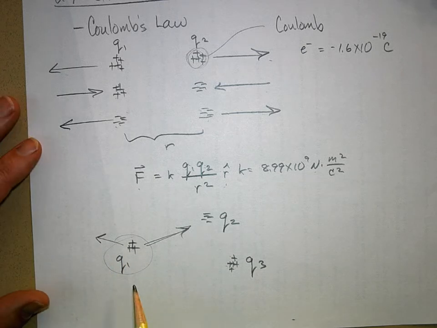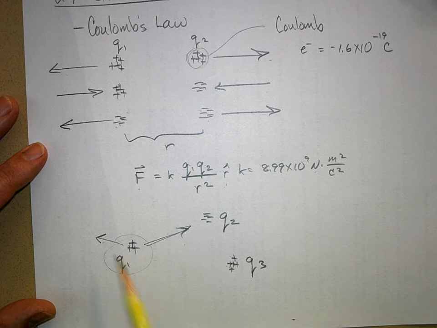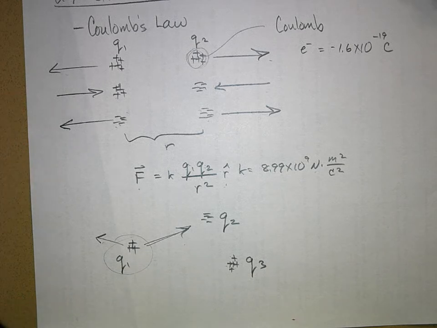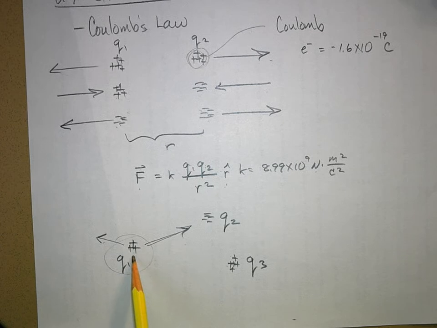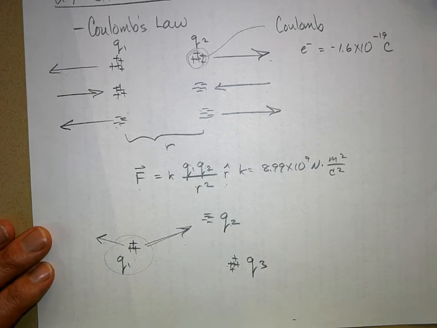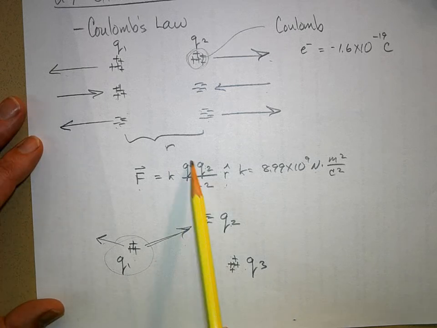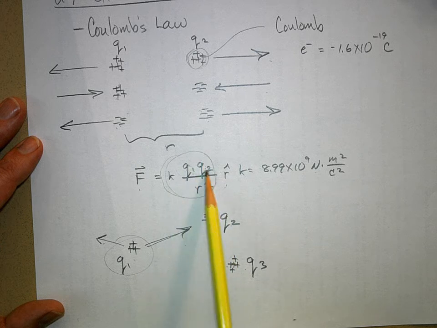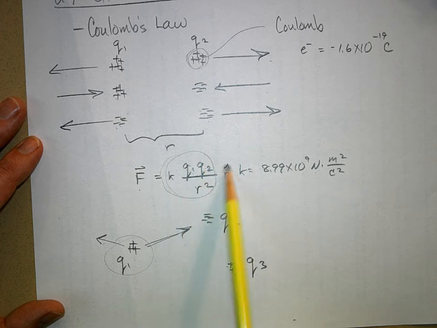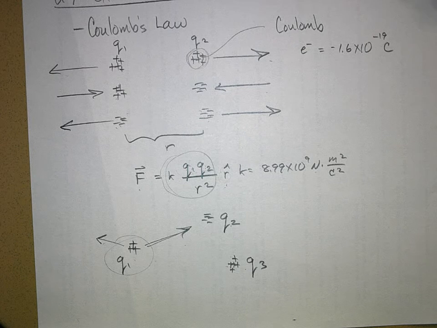And literally what you have to do is figure out what these vectors are. I would do it in i, j hat notation. And then add them together as vectors. And that will give you the net force, the net electric force anyway, on Q1 due to Q2 and Q3. Okay, so this would give you the magnitude. And then you look, are these positive or negative, and then you assign the direction to that r hat.